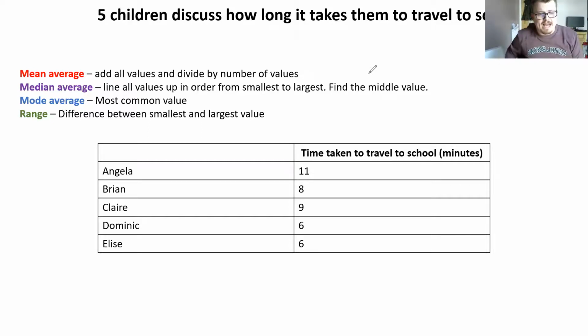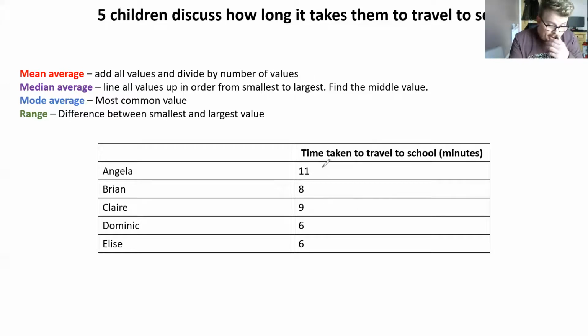So let's look at the mean average. In order to find the mean average, we need to add all of the values that we're given and divide by the number of values that there are. The values are these answers here: 11 minutes, 8 minutes, 9 minutes, 6 minutes, and 6 minutes. There are 5 pieces of data there. So we need to add all these together and divide by 5.